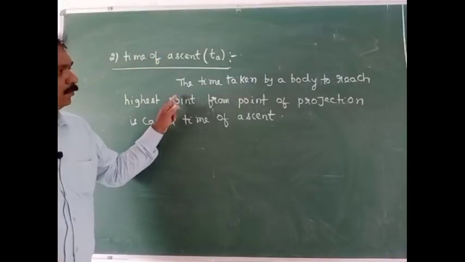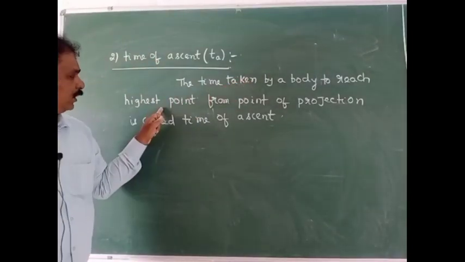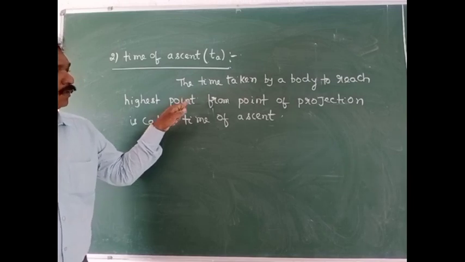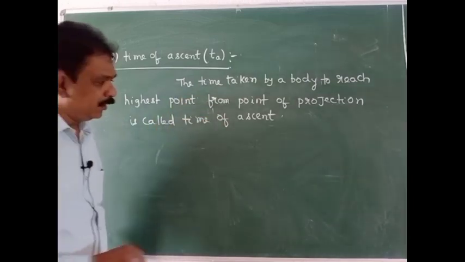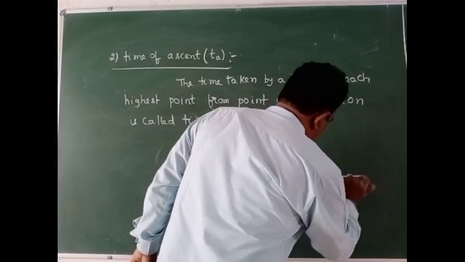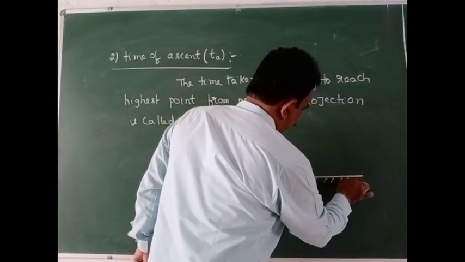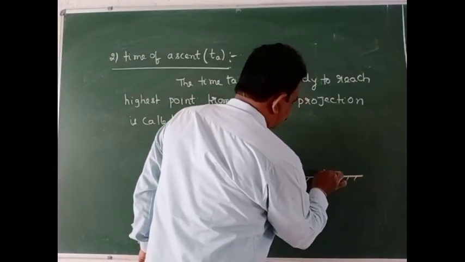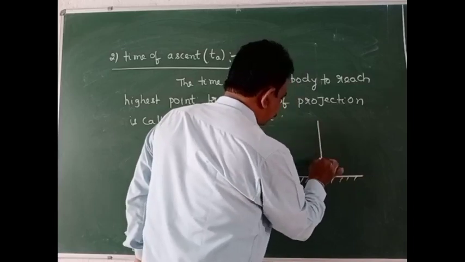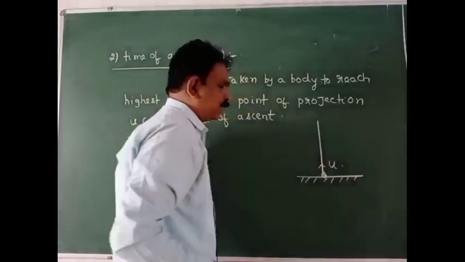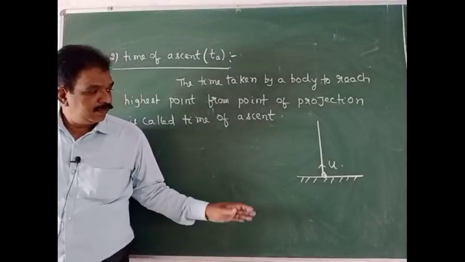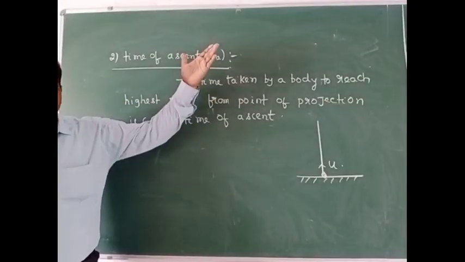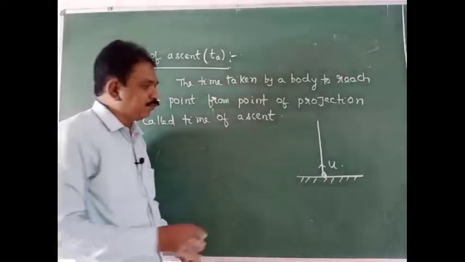Clear? Time taken by the body to reach the highest point from the point of projection: this is the ground. Body is projected like this with velocity u, upward.